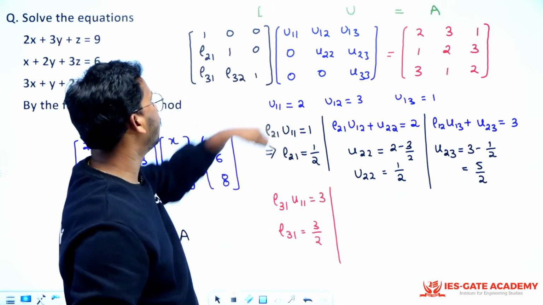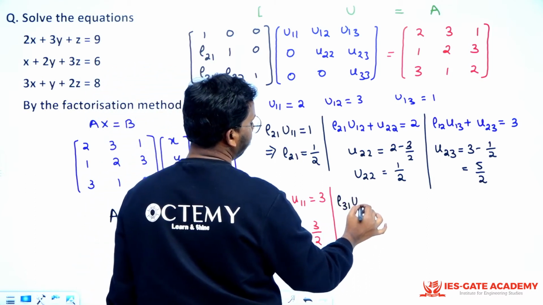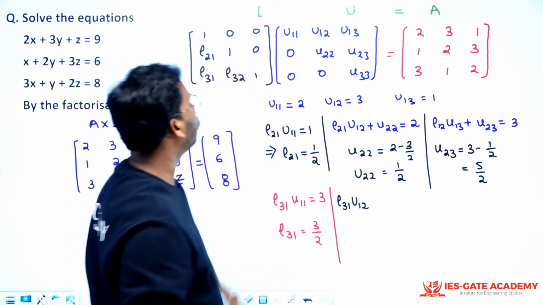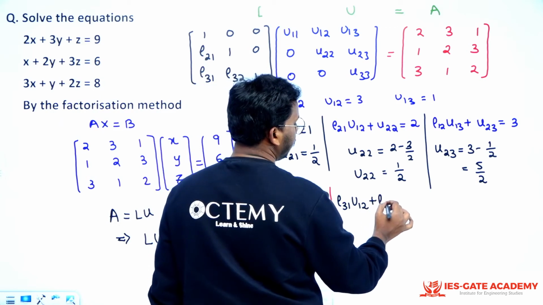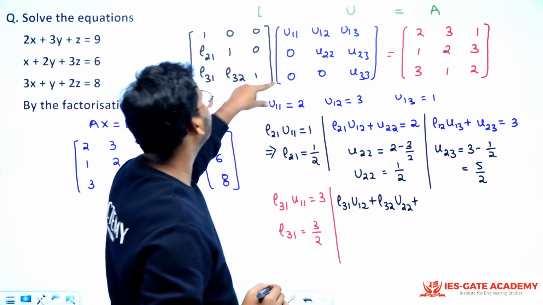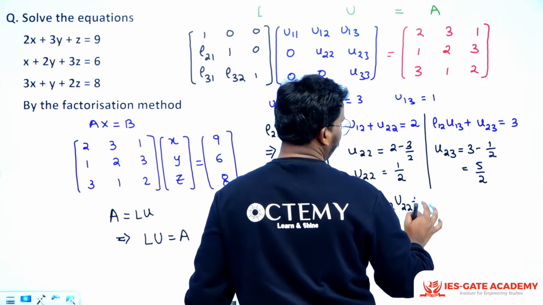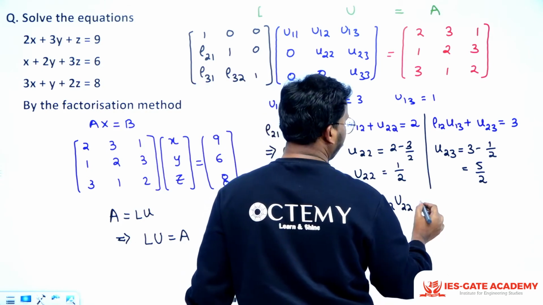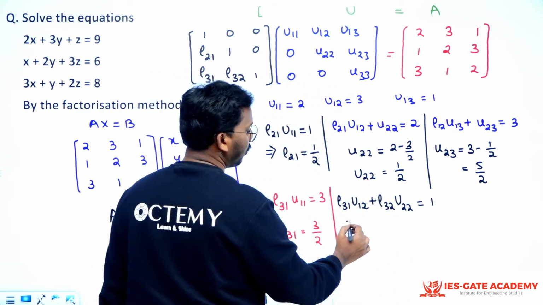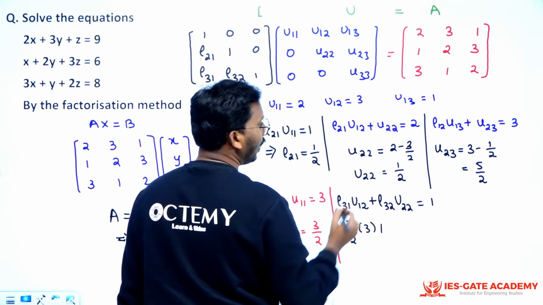Next, L31 U12 plus L32 U22 plus 1 into 0 should be equal to 1. Do you know L31? Yes, 3 by 2. Do you know U12? Yes, that is 3. Do you know L32?